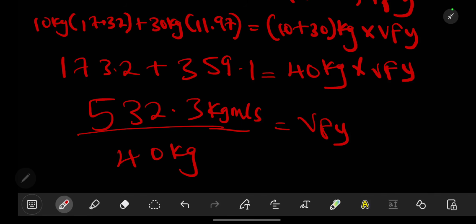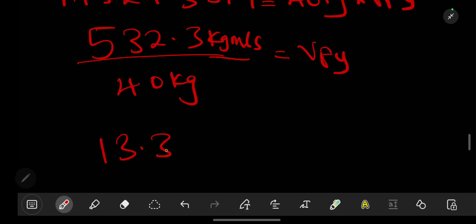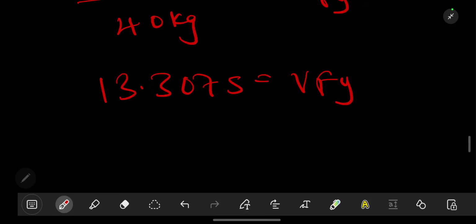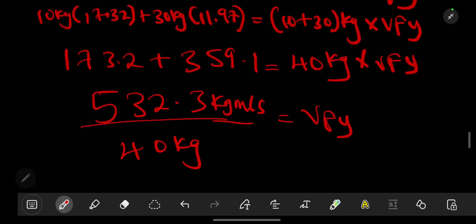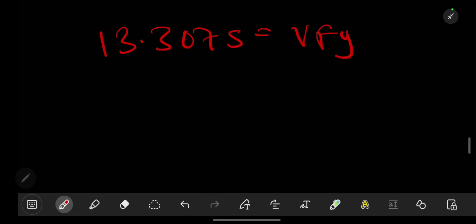So when we divide by 40, we are going to get 13.3075, which should be equal to Vfy. So when you find the velocity in the x and the velocity in the y, it is giving us this.